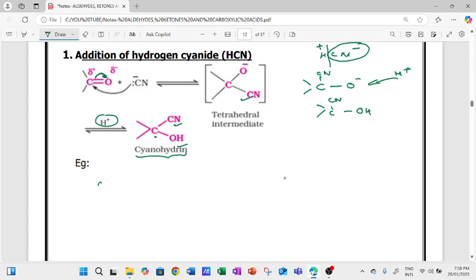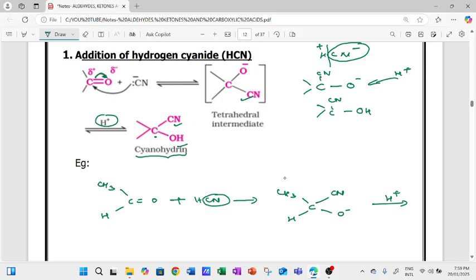Let's see an example: if I take ethanal, CH3CHO plus HCN. In the first step, only the CN minus ion is adding. So CH3, C, H and one of the carbon valencies with cyanide and then oxygen with a negative charge. And in the second step, H plus will be added to the oxygen with a negative charge.